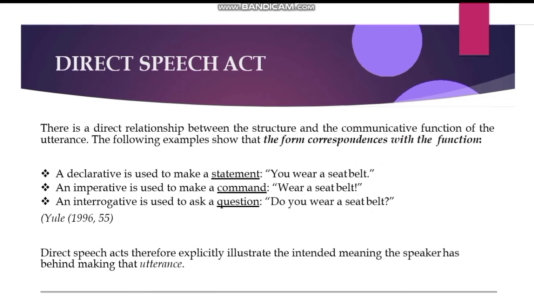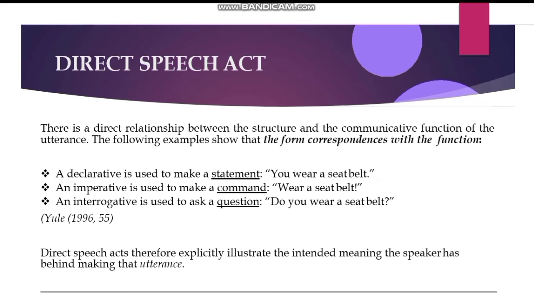Okay, the next discussion is about direct speech act. There is a direct relationship between the structure and the communicative function of the utterance. The following examples show that the form corresponds with the function. A declarative is used to make a statement. The example: you wear a seat belt.